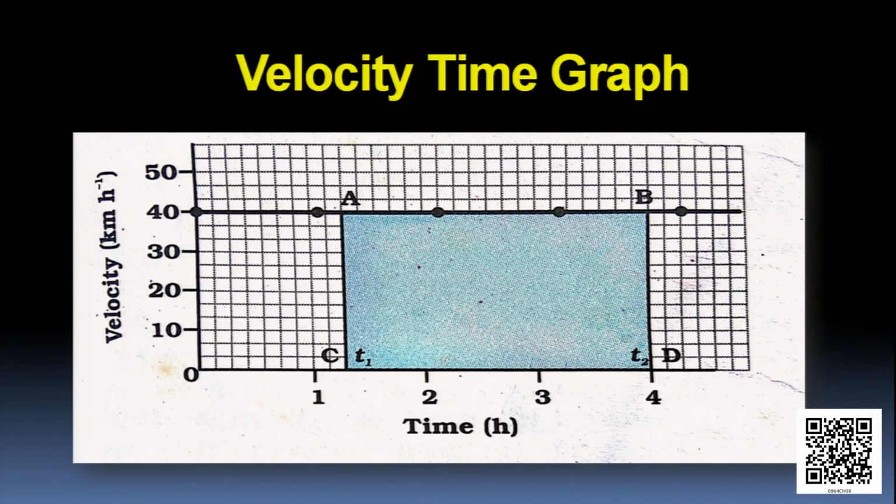On the y-axis, at time 1 hour, it is 40 km per hour. At time 2 hour, again the point is there, which shows the velocity of 40 km per hour. Then at time 3 hour, again 40 km per hour. Again, at time 4 hour, the velocity of the object is 40 kilometer per hour.